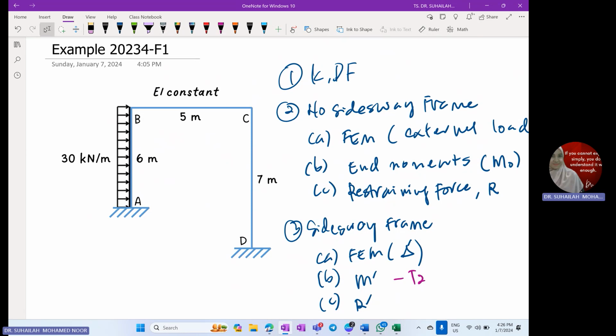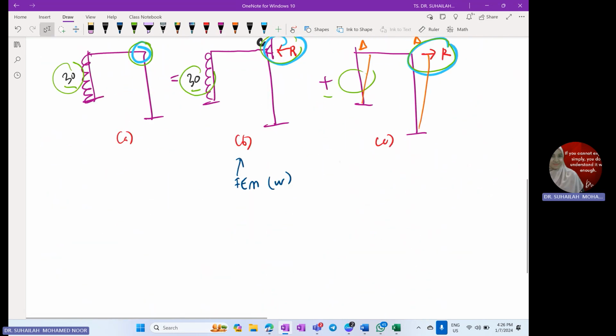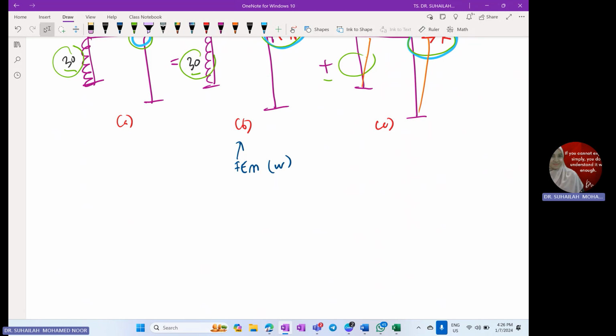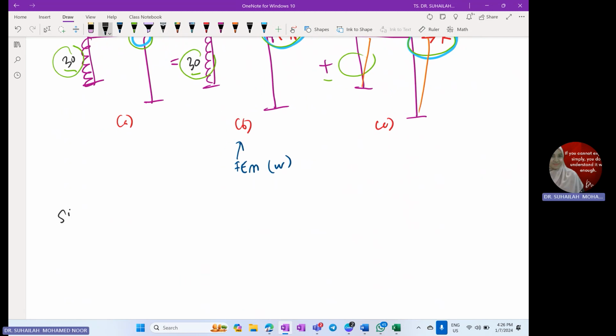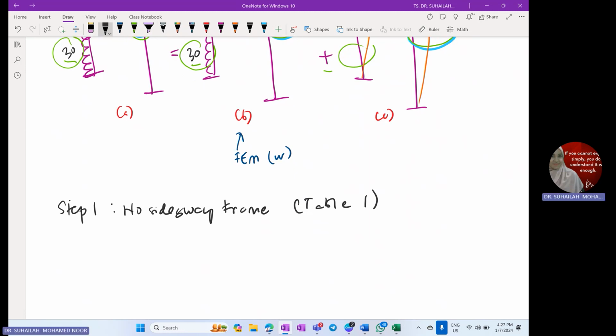We will focus on the no side sway frame, which is diagram B. So this is step 1, the no side sway frame. Okay, this is table number 1.